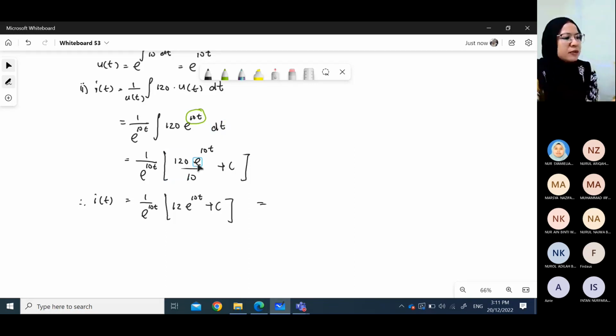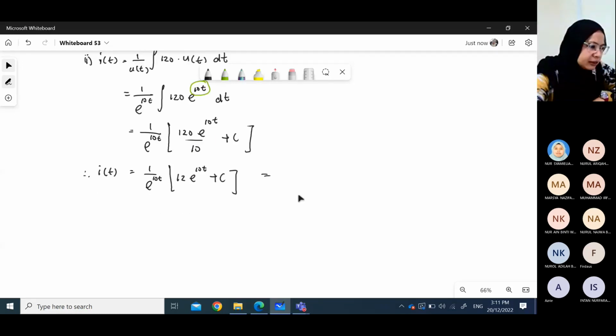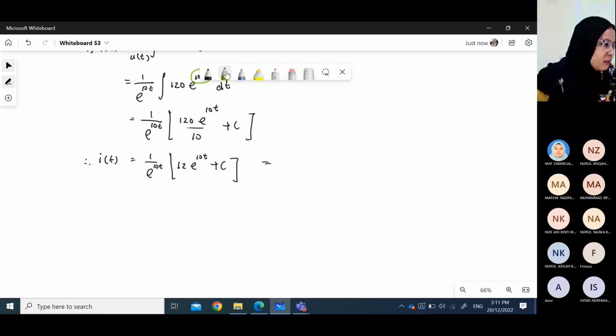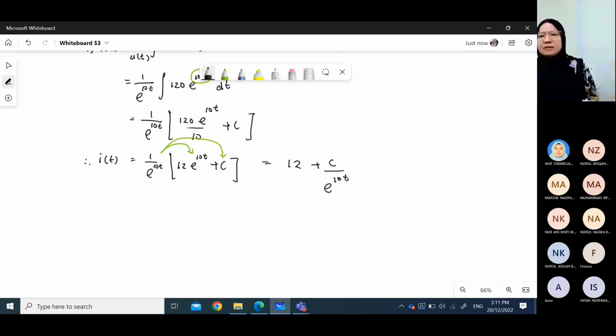So we have 120 exponent 10t over 10 plus C. Okay, when we multiply with 1 over exponent 10t, this one multiplied with this one, then we have 12. And the second term, C, we multiply so that we have C over exponent 10t. Okay, understand?